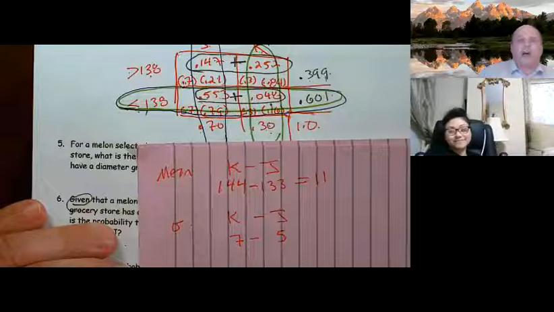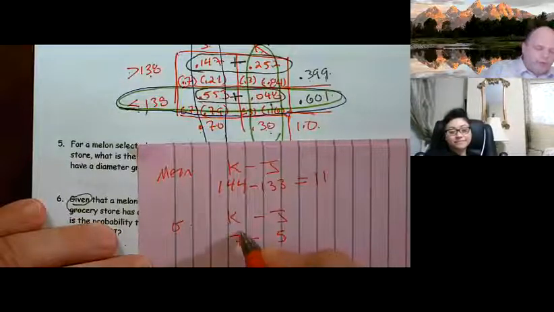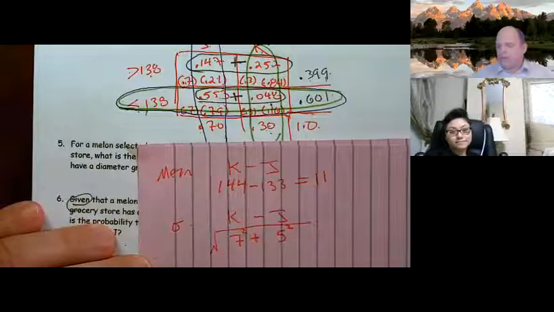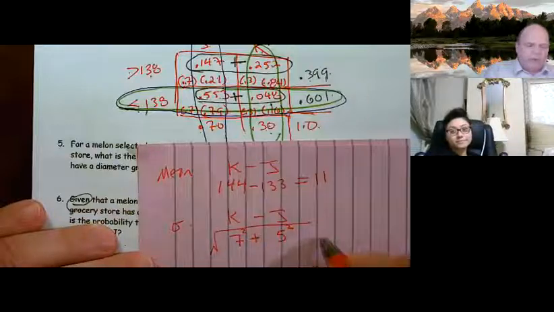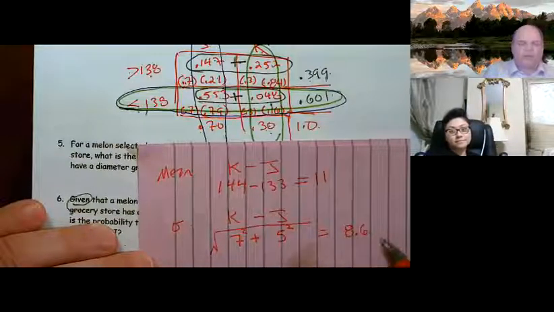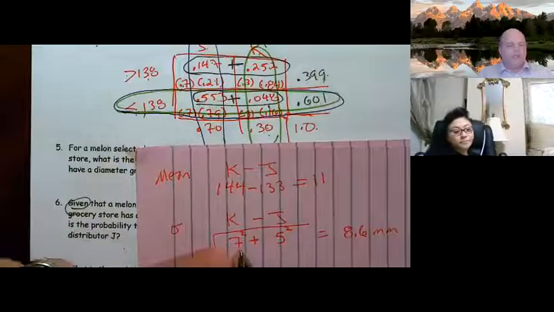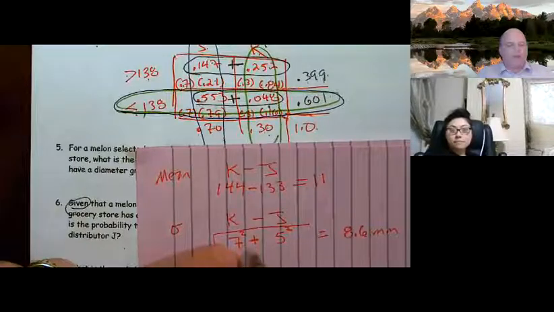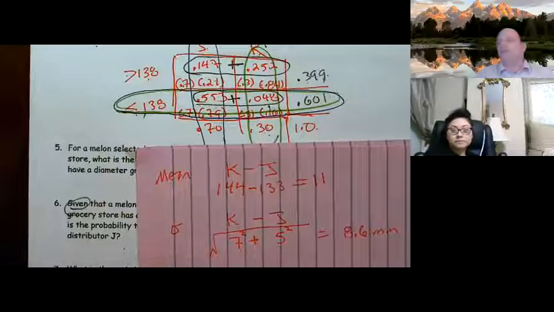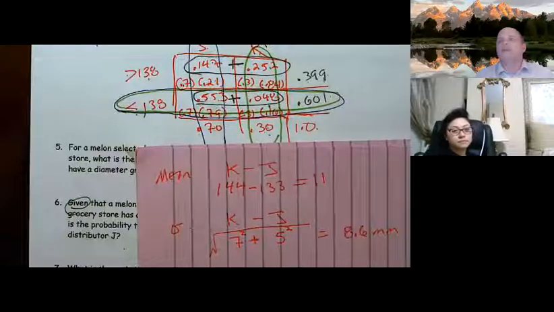Not allowed. We have to convert them to variances, and we have to sum them. And when I do that, I end up getting about 8.6. So 7 squared plus 5 squared, square rooted, is about 8.6.